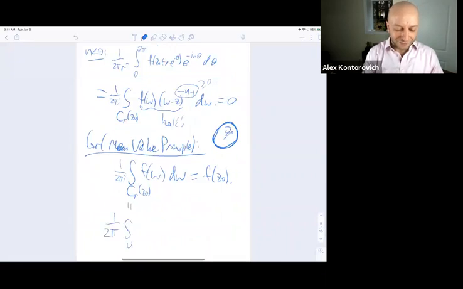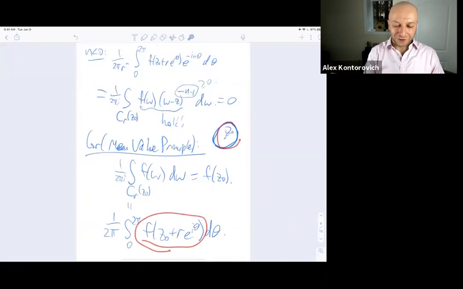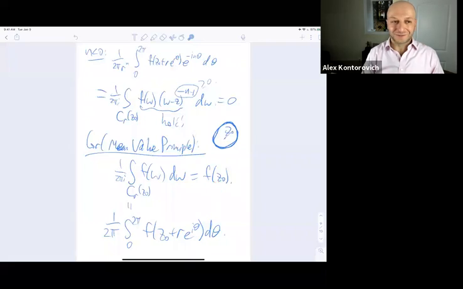If I take the value of f at z0 plus r e to the i theta d theta, I take all of these values around the circle and I average them, I get exactly the value of f at z0. And that's just the previous formula evaluated at n equals 0.